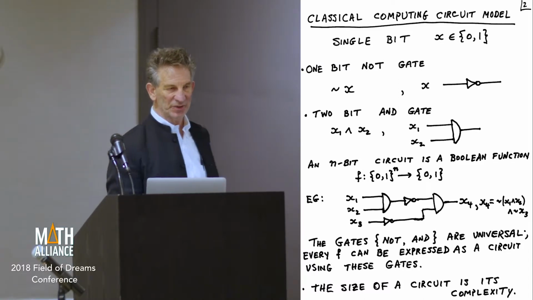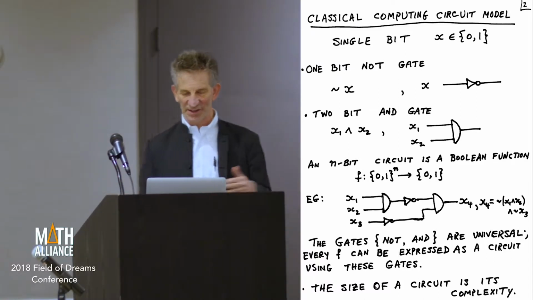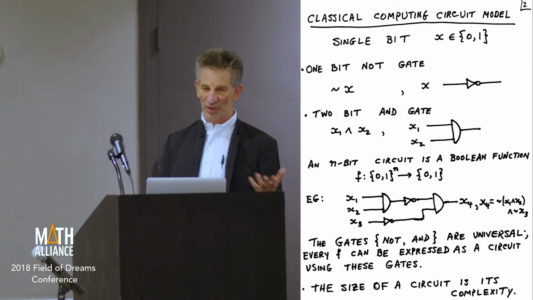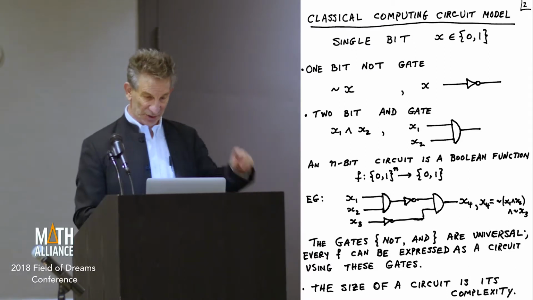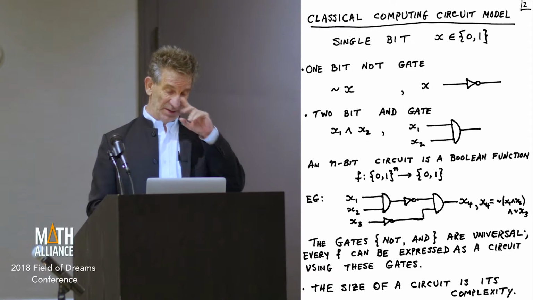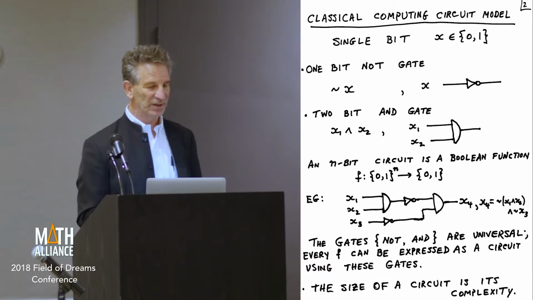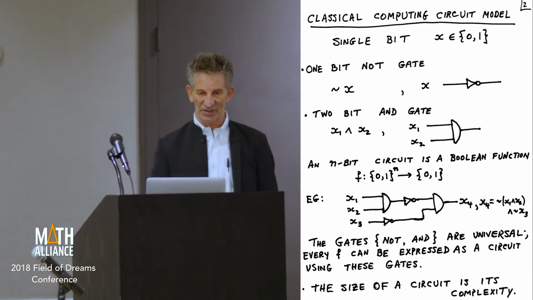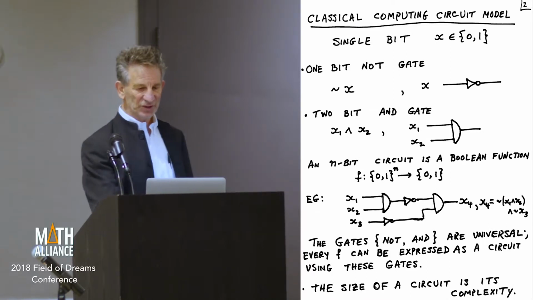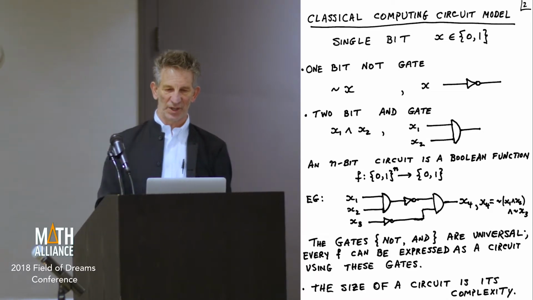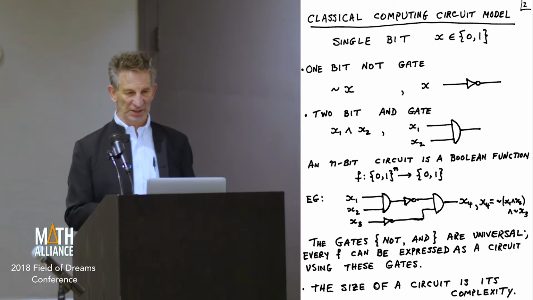So in classical computing, all classical computing is based on Boolean functions. The fact that you can make a computer is based on the fact that you can make a circuit where you can feed in Boolean variables x1, x2, bits as they are called, which are either 0 or 1. And you have a function from {0,1}^n to {0,1}, and you want to write it down as a circuit.